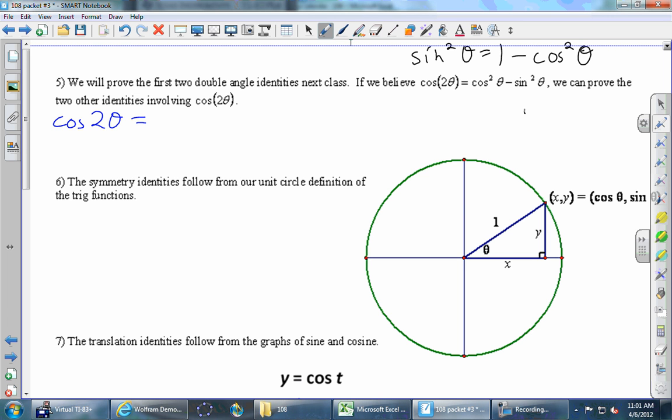So how about instead of this sine squared right here, we put 1 minus cosine squared? So copying that identity, the thing that we're temporarily believing, it's cosine squared theta minus, and then instead of sine squared, put the thing up above. 1 minus cosine squared. Everybody see the substitution we did?